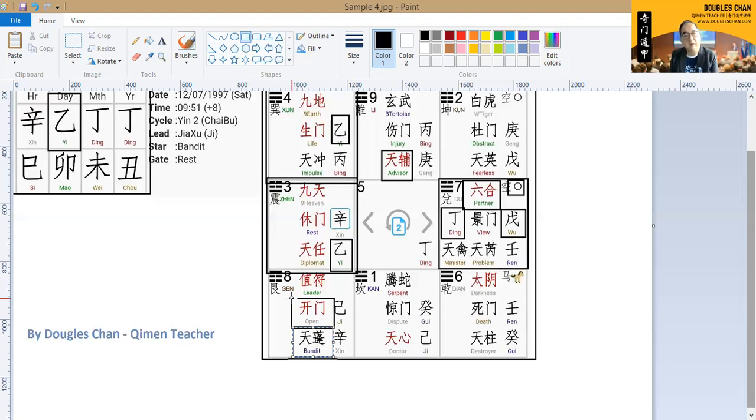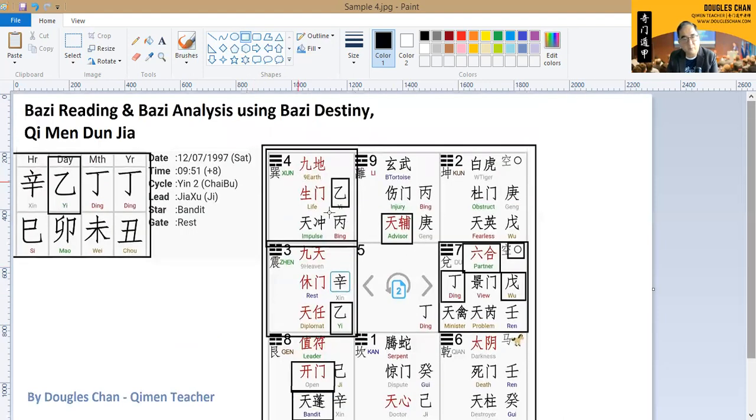Okay, so if you were to go into business itself, then we take a look at his business, this box, which is Life over here. If you were to go into business, I would say that he will make some money. He will not make a lot of money because there's a 9 Earth over here. 9 Earth also represents a low level.